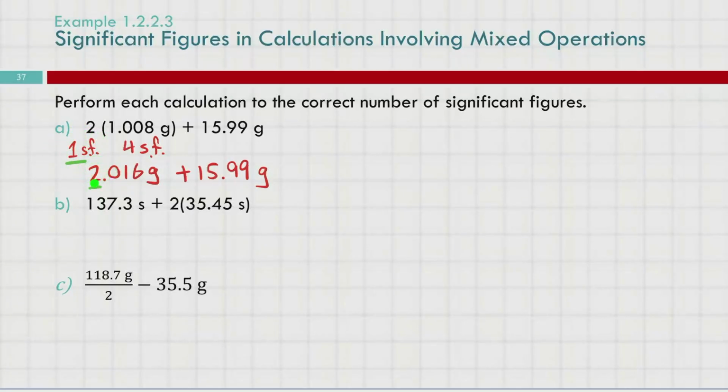Only the 2 is significant. The rest of the numbers we're just keeping on to make sure that we don't do a rounding error. So the 0.016 is not significant. So it has 0 decimal places. 15.99 has how many? 2 decimal places. So the smaller of those is 0.